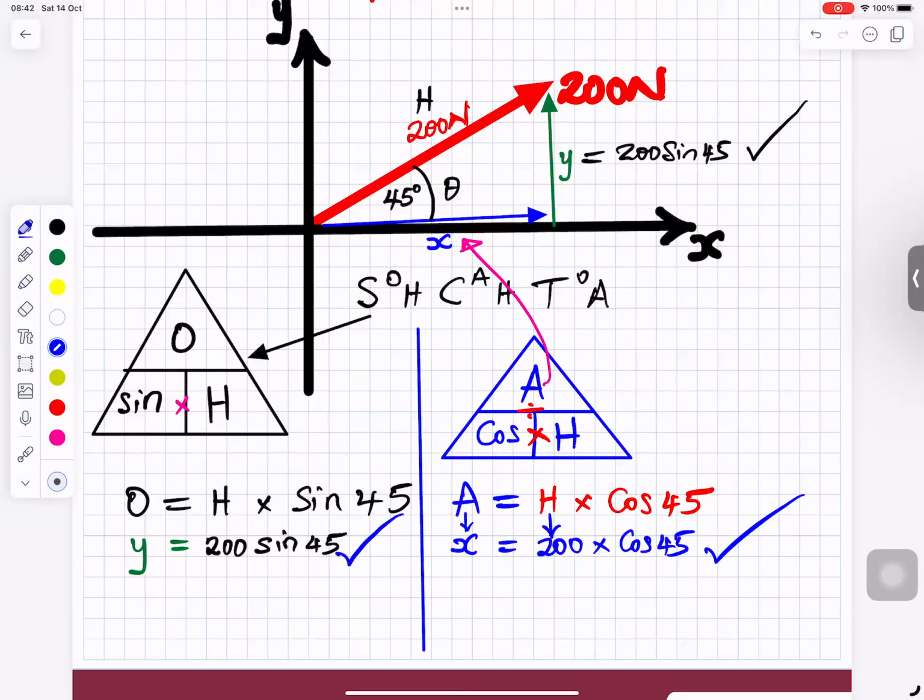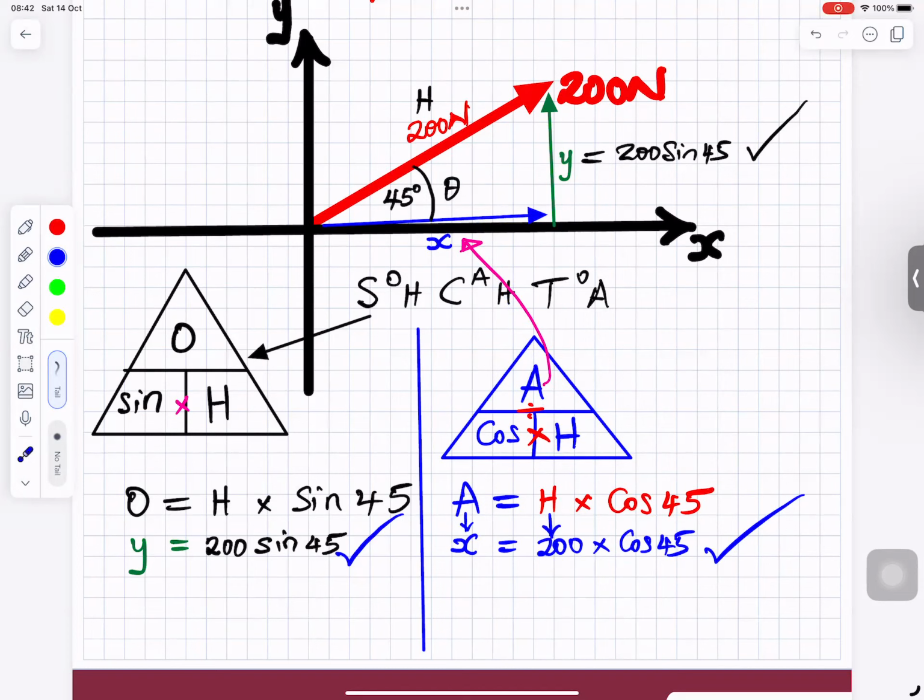So what we have done, we have taken that red 200 Newton, which is pointing at an angle, and changed it to two things. We have changed it to the Y, which is vertical, 200 sine 45, and the X, which is horizontal, 200 cos 45. And now we can use it in calculations.